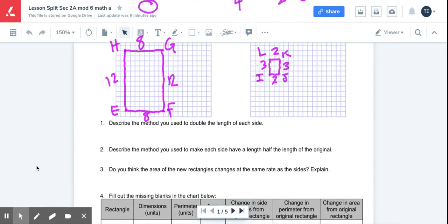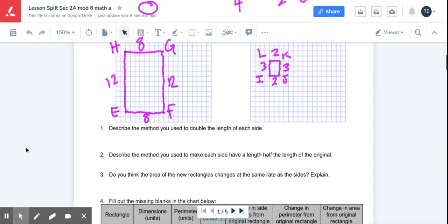Describe the method you used to double the length of each side. Well, I looked at the original dimensions and I multiplied by 2. Describe the method you used to make each side have half the length of the original side. Well, I took the original dimensions and I multiplied by a half. Do you think the area of the new rectangles change at the same rate as the sides?